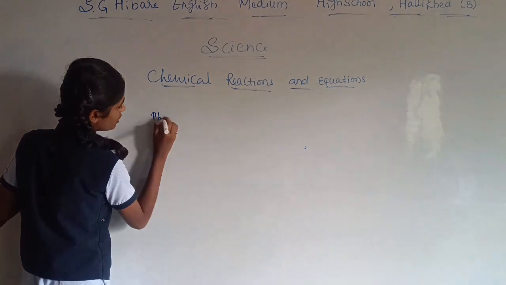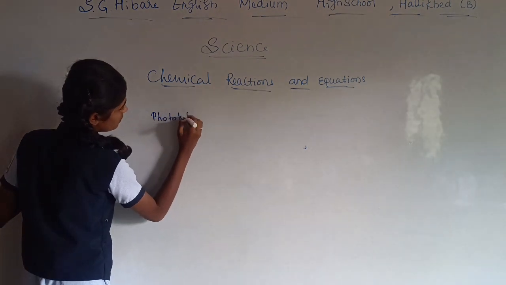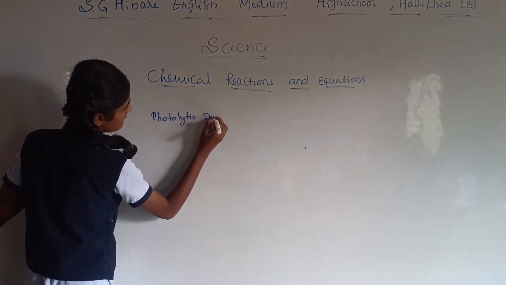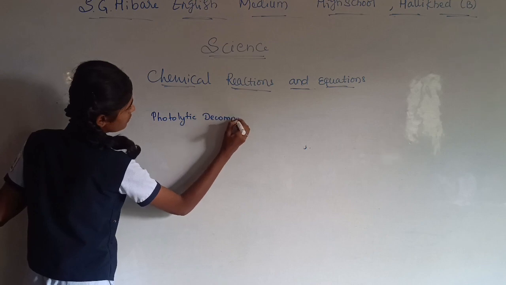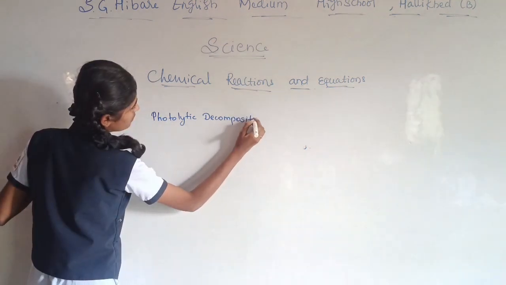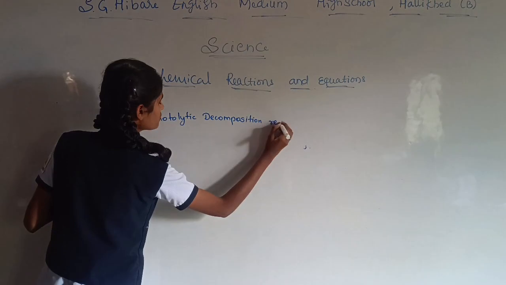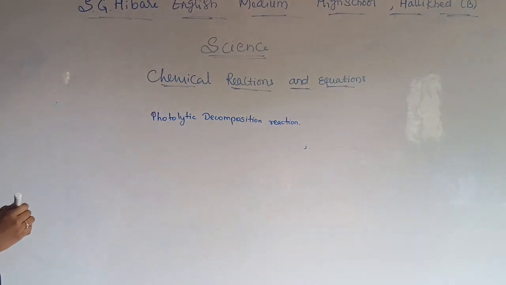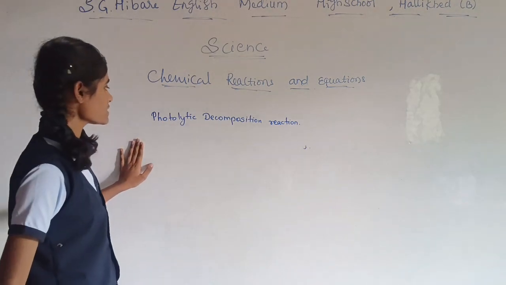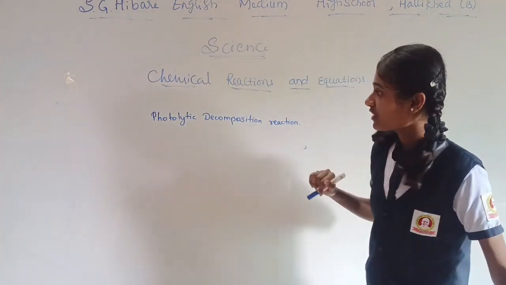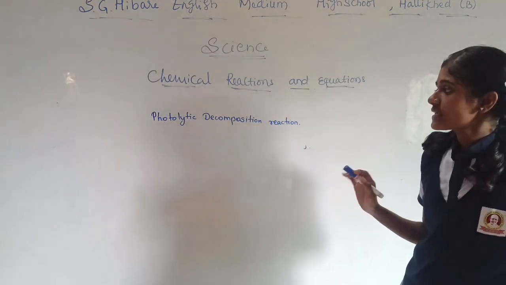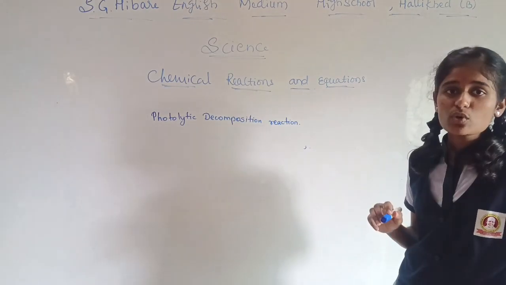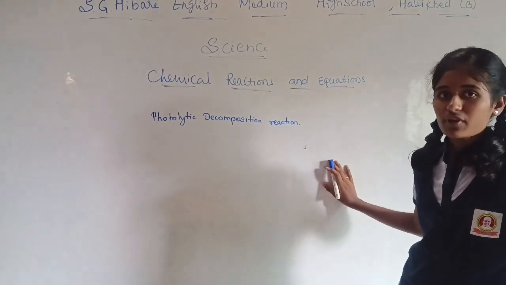photolytic decomposition reaction. Photolytic decomposition reactions are those reactions in which the decomposition of the compounds is done by energy from light, mainly light from the sun.